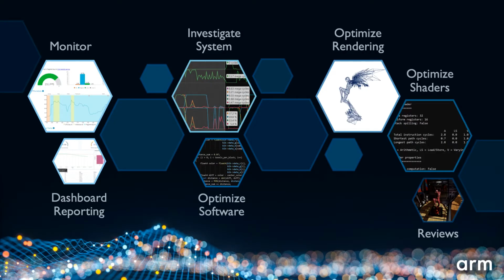The workflow is a multi-stage approach. First, monitor a game scenario with Streamline and generate a high-level summary with Performance Advisor. Here, you'll quickly learn where the FPS was on target or below target, which parts of the game were CPU or GPU limited, whether slow content was vertex or fragment heavy, and if overdraw was high. You can often draw easy conclusions for the majority of problems at this stage just by looking at these high-level reports.